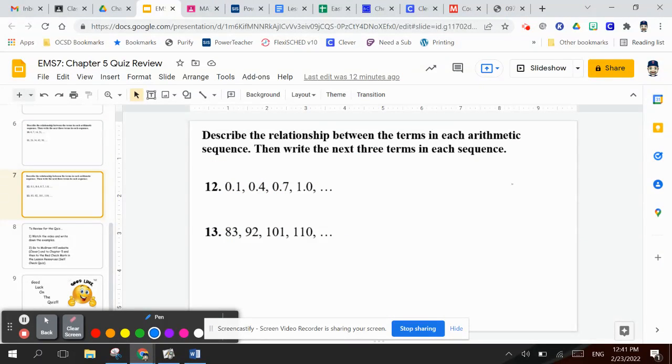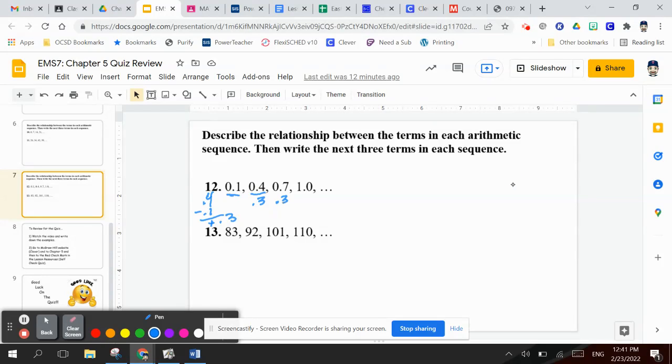In number 12, even with decimals, it's the same thing. Take the first 2 numbers and subtract them. You have 0.4 minus 0.1, and you have 0.3. My numbers are getting larger, so I'm adding 0.3. Is 0.4 plus 0.3 0.7? Yes.